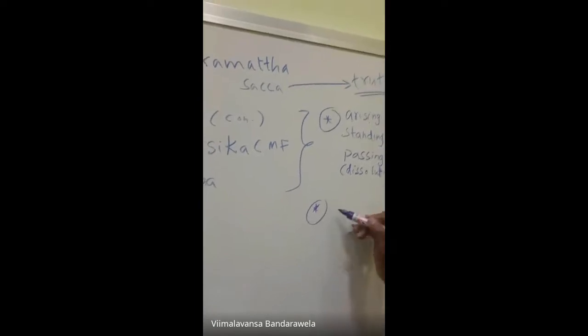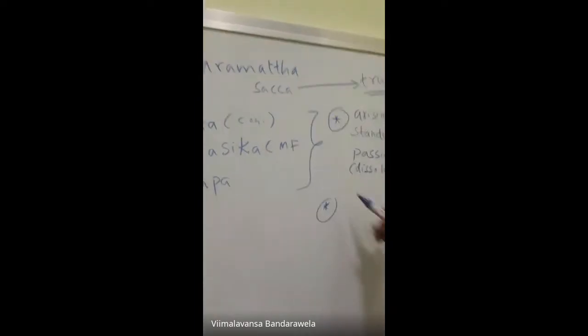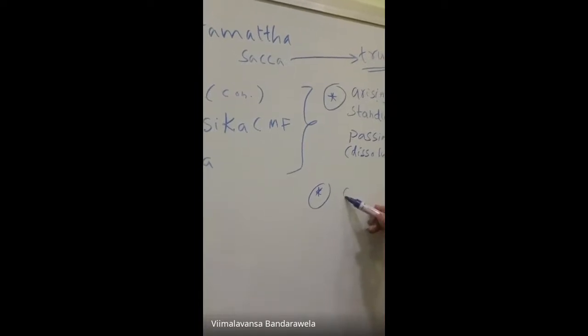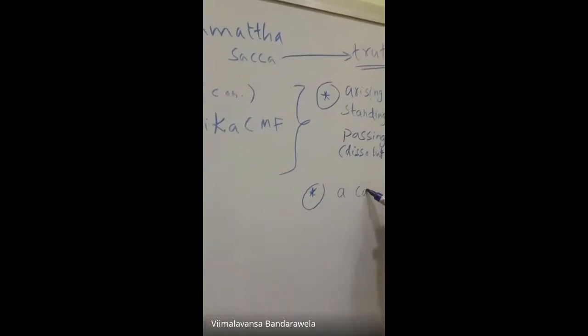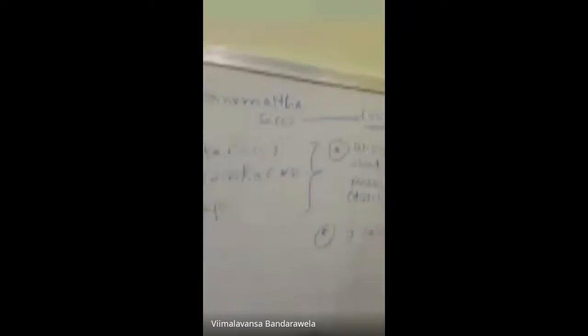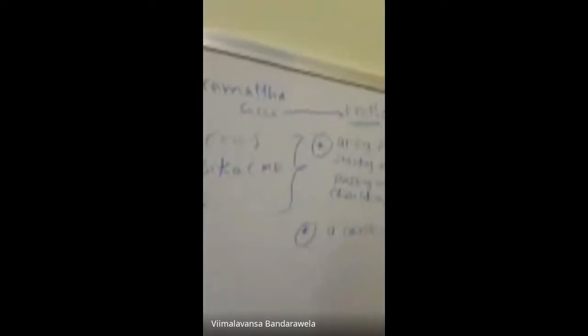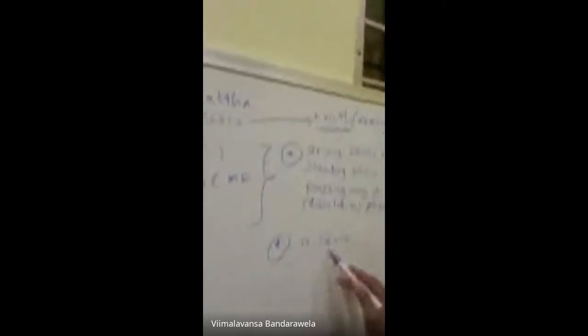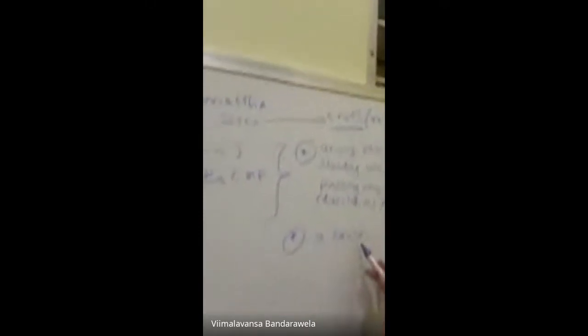And the other thing is these paramattha satya have to arise. They need cause. Paramattha satya to arise, they need cause. Now we have 5 aggregates. The cause is the previous life craving, right? Previous life craving is the cause for our 5 aggregates now.